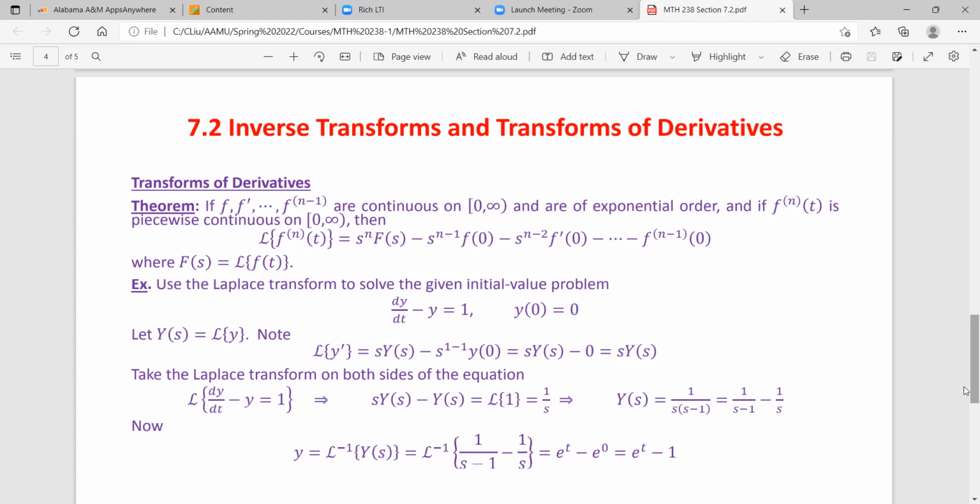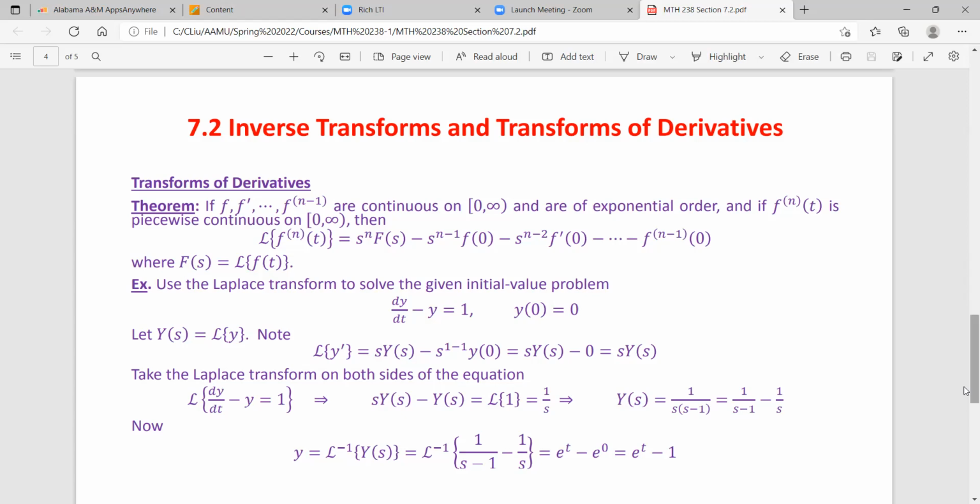If you use the formula in this theorem with n equal to 1, then we get the Laplace transform of y prime. We are using y instead of f, but they're essentially the same kind of thing. That will be equal to s to the 1 times capital Y of s, instead of capital F of s, minus s to the 1 minus 1 times y of 0, instead of f of 0, and that's it.